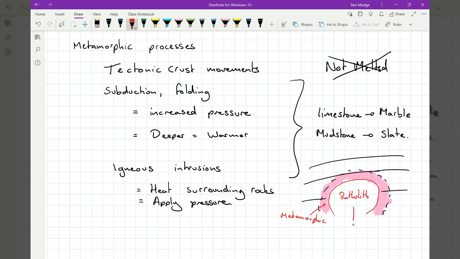And this is still going to be igneous. And these potentially could be our sedimentary.